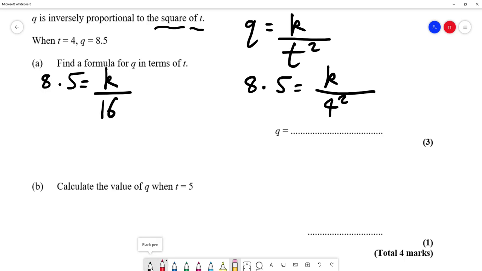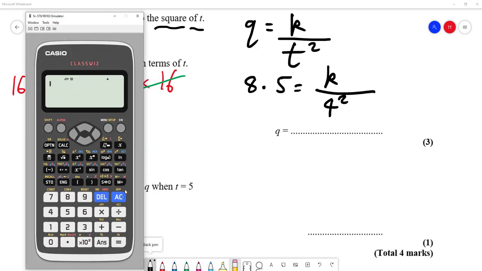We're going to times both sides by 16. Don't forget, they cancel out. So k is 16 times 8.5, which is 136.